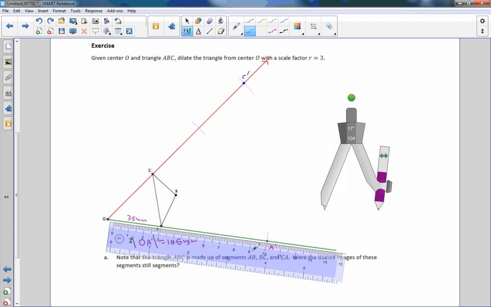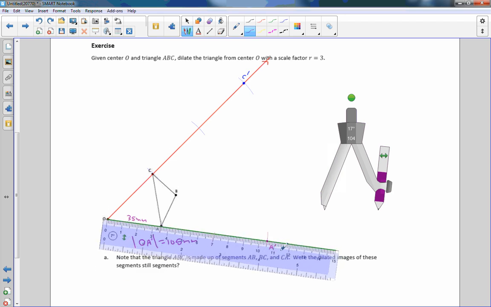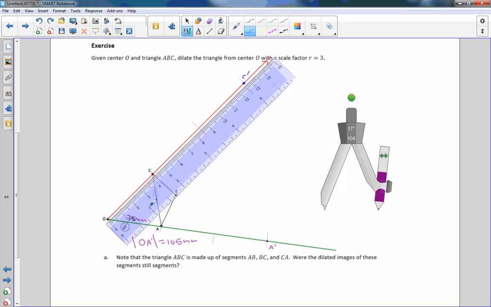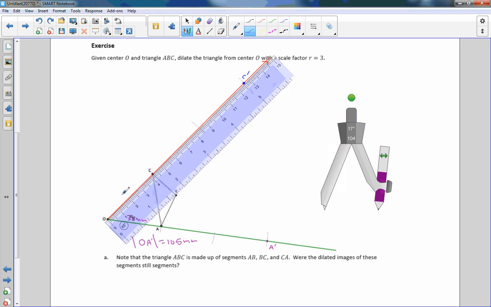Okay, so now if I put the ruler back here, rotate it up onto the red line, and we measure, OC is 4.2, so this is 42 millimeters.